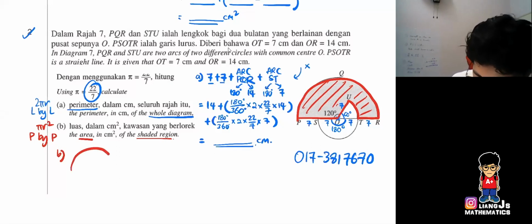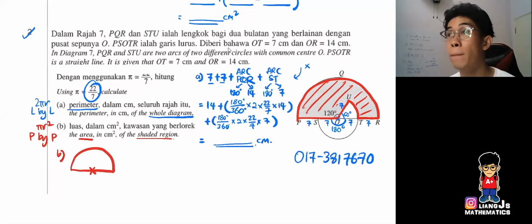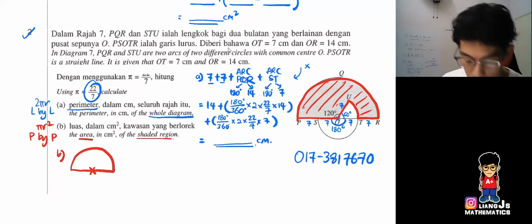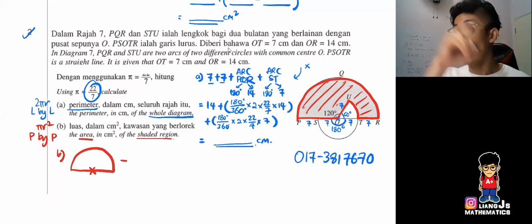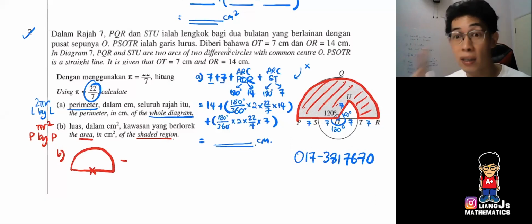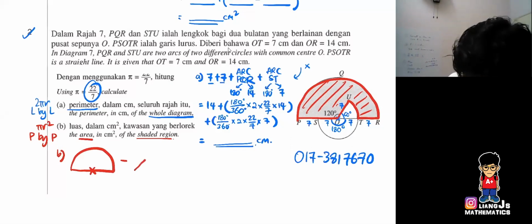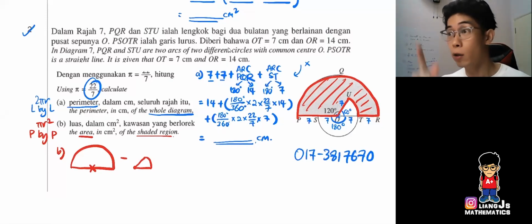Number 1 is your semicircle, right? And you minus off one piece by one piece, one big semicircle, you minus off your sector. Then you get the answer already.